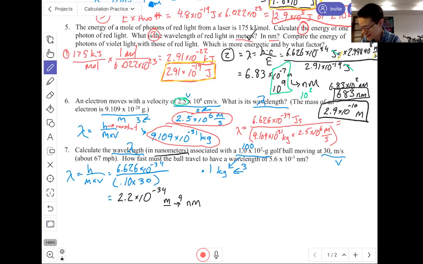So if I'm moving it 9 spaces that way, that negative 34 gets 9 spaces bigger. So it would be 2.2 times 10 to the negative 25th nanometers, which is still really, really tiny.